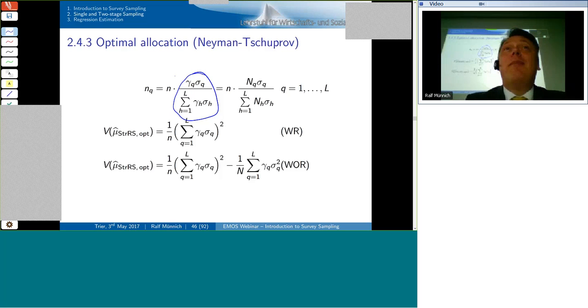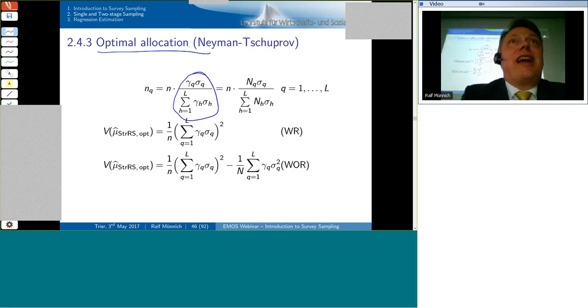Nevertheless, in many cases, like what we were constructing for the German census with very good proxies, a very highly correlated variable, it works pretty fine. And what we expect, of course, if we do an accuracy comparison, is that this should always be the best, under the assumption we know the sigma q.